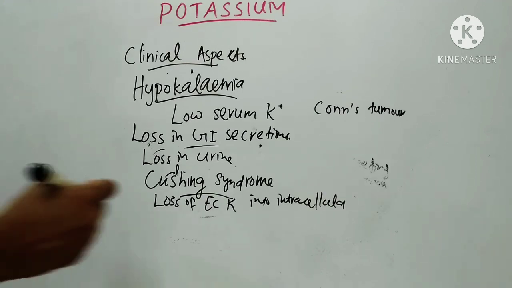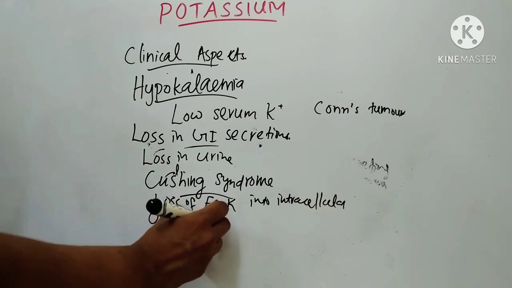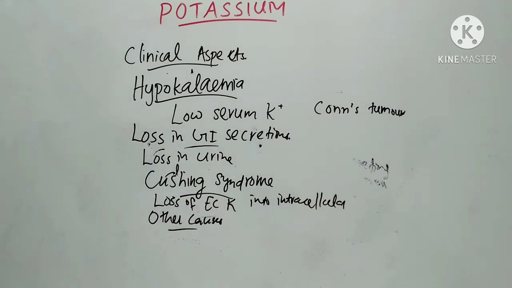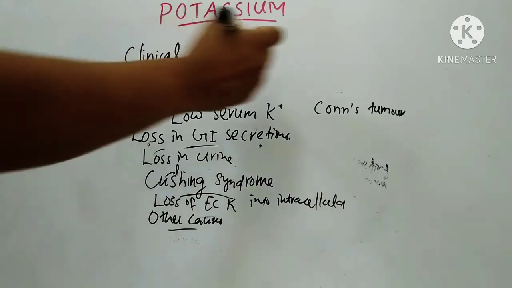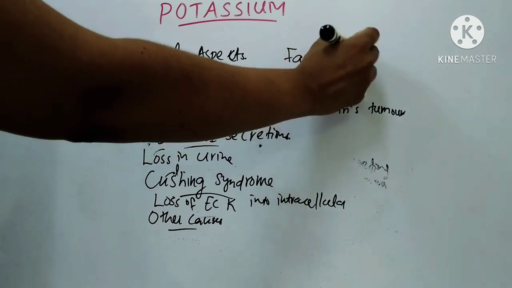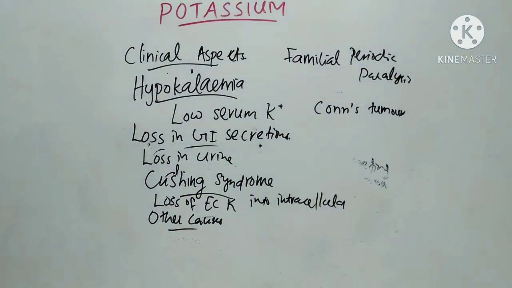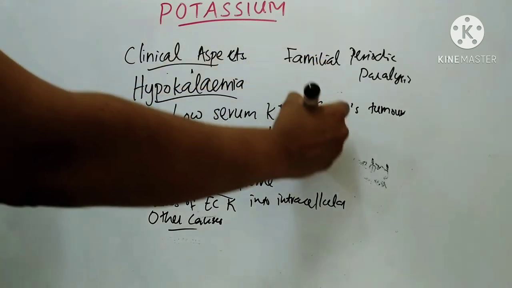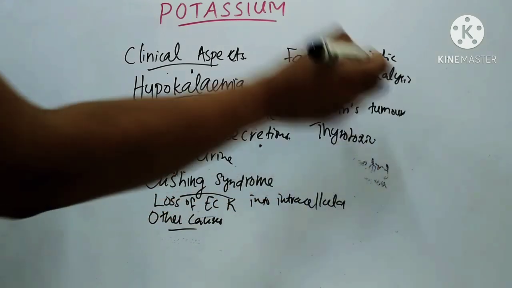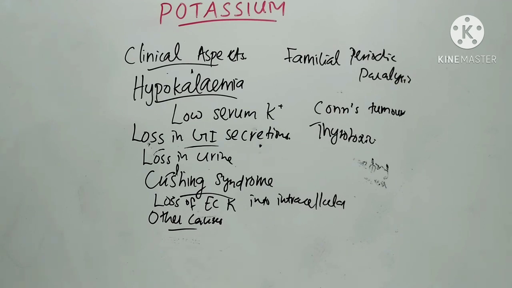Other causes of hypokalemia include an inherited disorder called familial periodic paralysis.